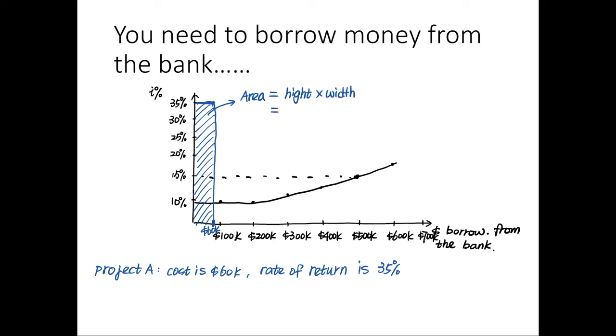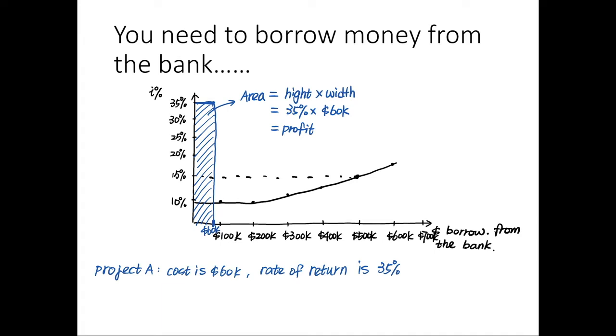Which is the height is 35%, the width is 60K. What is that? It is the profit. Remember that? Okay, so which means the area, the size of this rectangle is the profit you earn from doing that project.